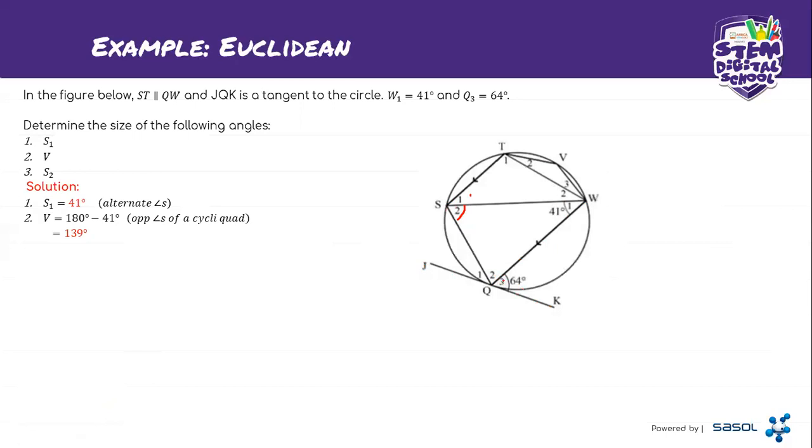Yes, angle S2 equals 64 degrees. And then what is the reason? Tan chord. The reason is tan chord. I think that was the last question, and it was very interesting questions. So we can just proceed.